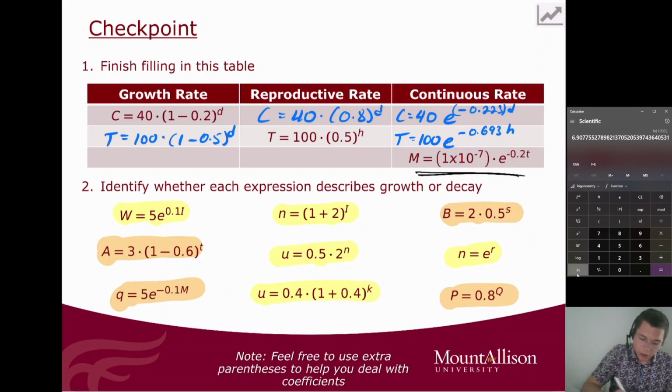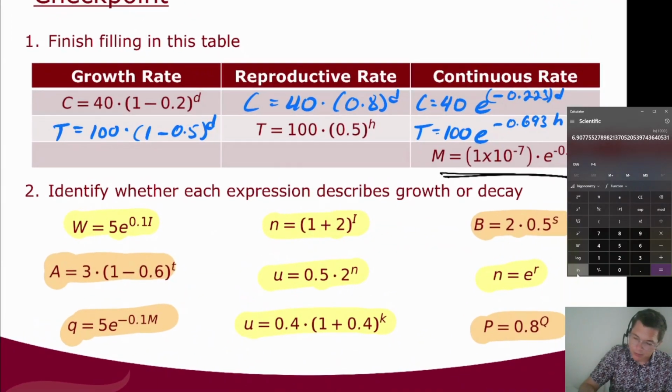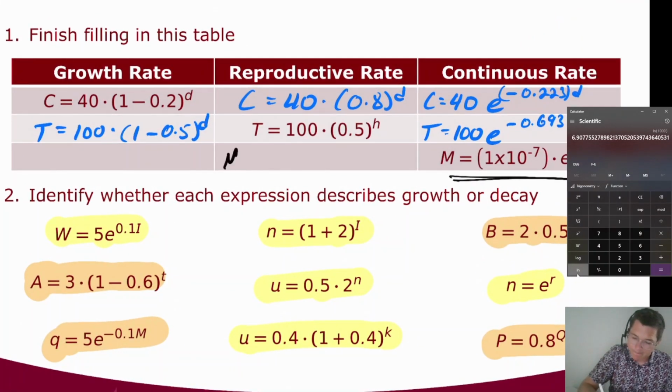Well, my coefficient is going to stay the same. Here, let me zoom in a bit. So it's 1 times 10 to the minus 7, and then I have e to the minus 0.2 times t. I'm going to split this up: e to the minus 0.2, all to the power of t.